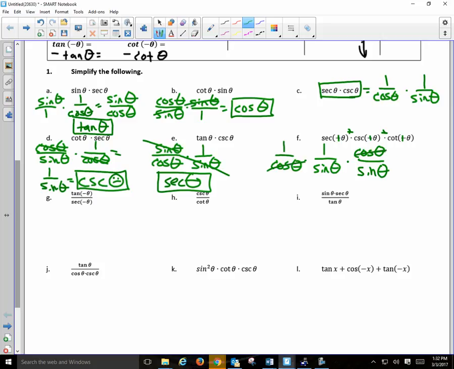I get 1 over sine squared. When you multiply them, sine times sine is sine squared. You put it right above the n. What is 1 over sine? You get cosecant squared. There you go.